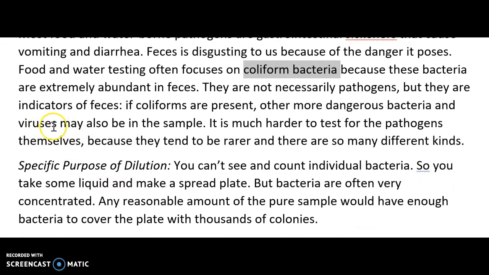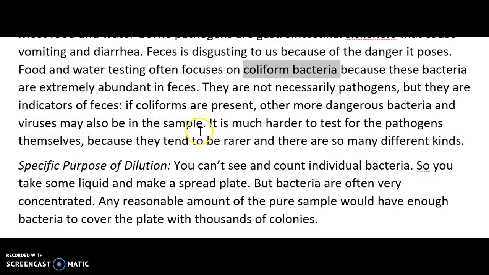The virus that causes hepatitis A, the bacteria that cause diarrhea in the case of Shigella, they cause dysentery. In the case of cholera, those are Vibrio bacteria that cause deadly cholera outbreaks.